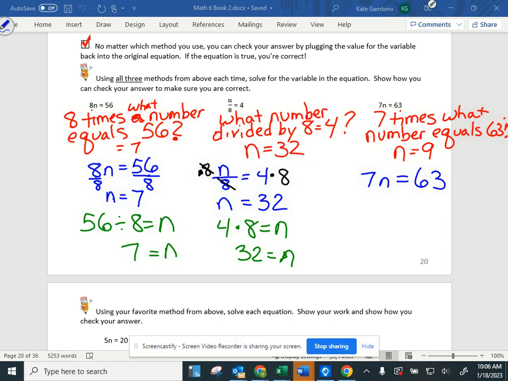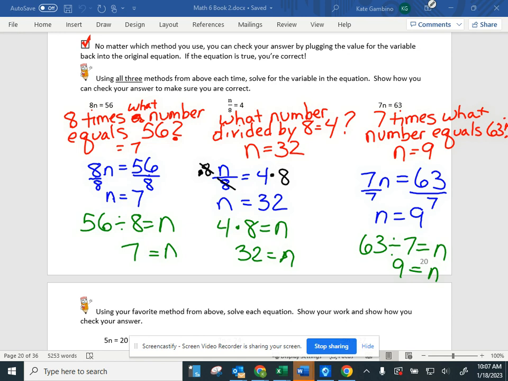Dividing. Because I have 7 times n, I want to divide by 7. So 7 divided by 7 is my 1, so I'm left with just n. 63 divided by 7 is 9. And then when I look at my fact family, it would be 63 divided by 7 equals n, and equals 9.